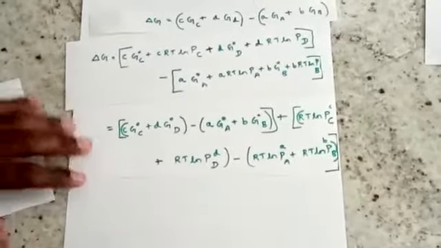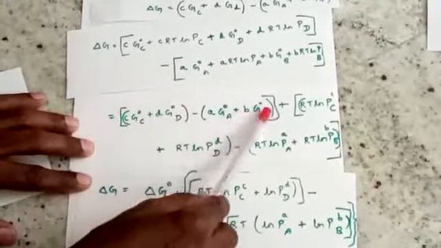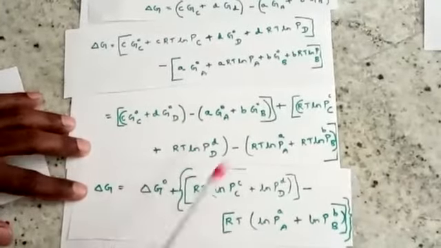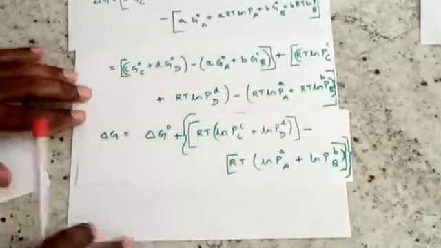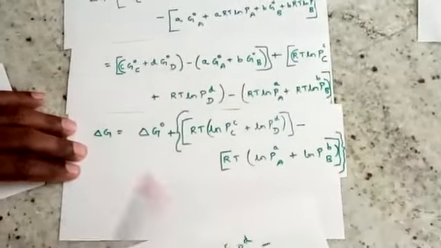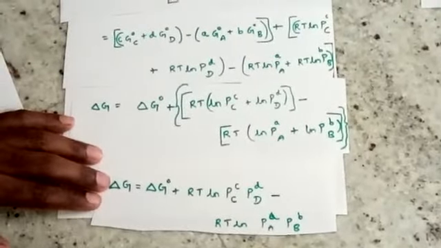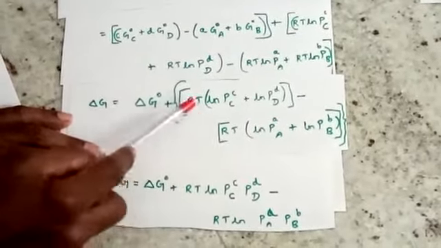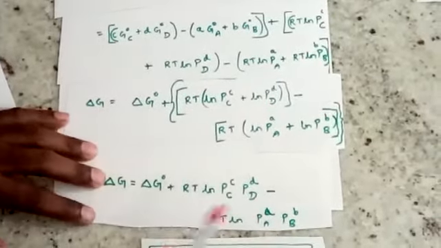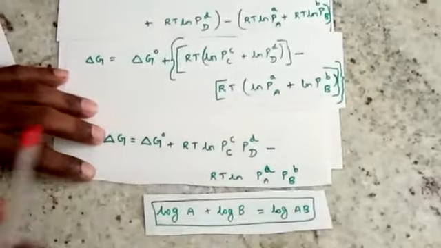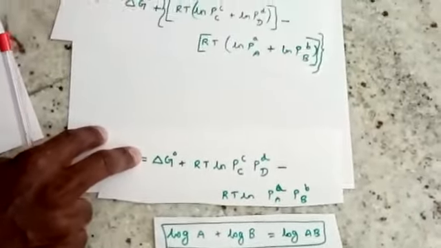Next step, this can be written as delta G naught plus RT ln PC to the power c, and likewise the other terms. In the next step, you can write this as RT ln PC to the power c into PD to the power d, because log A plus log B is equal to log AB.